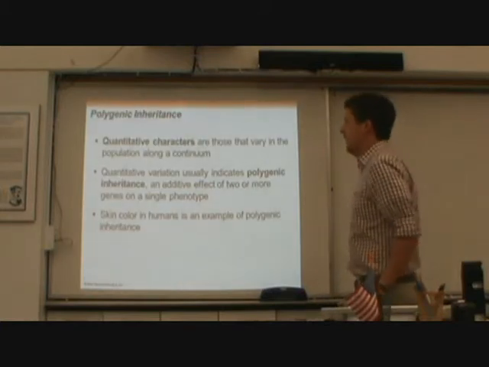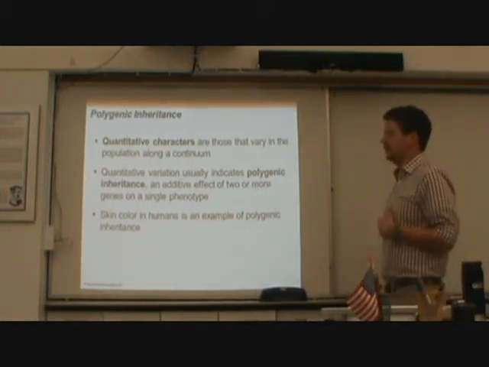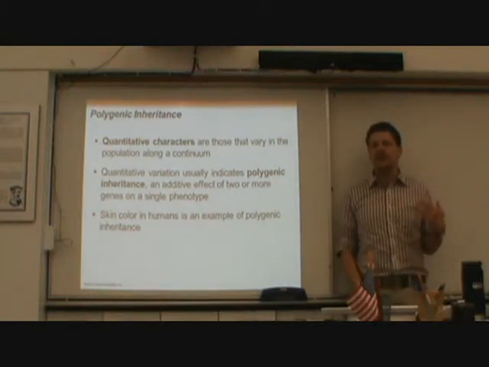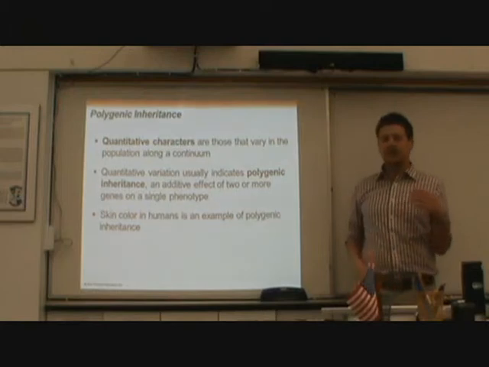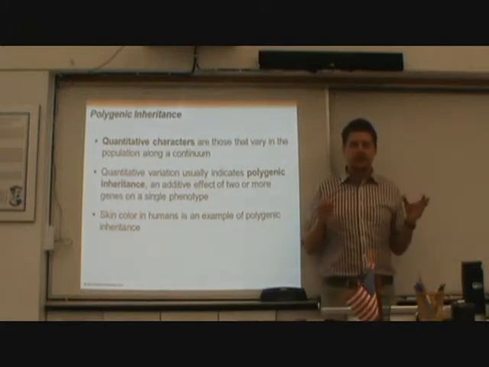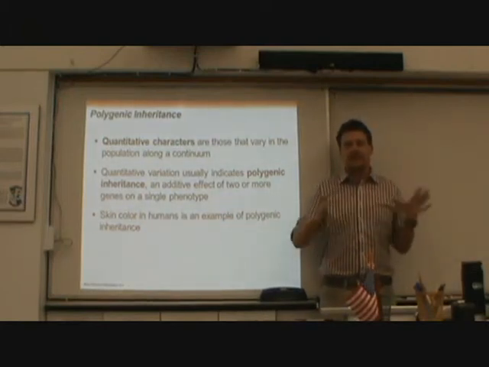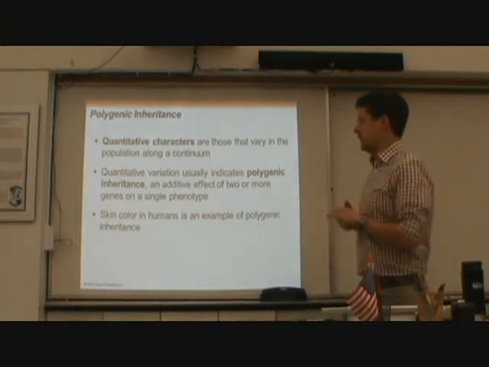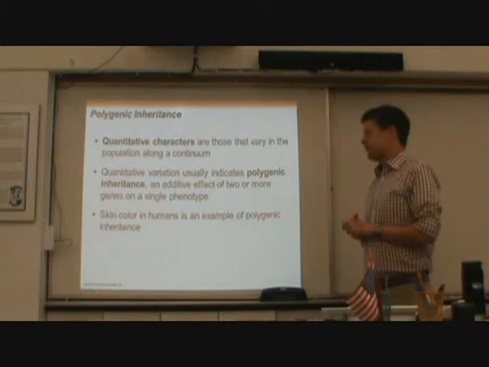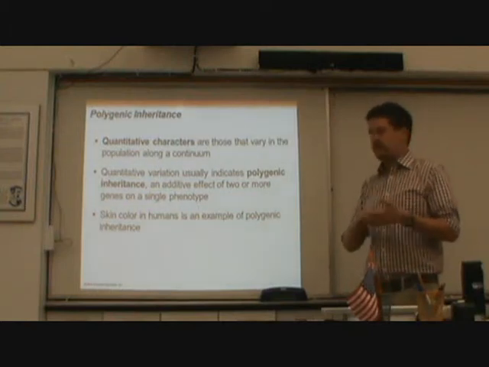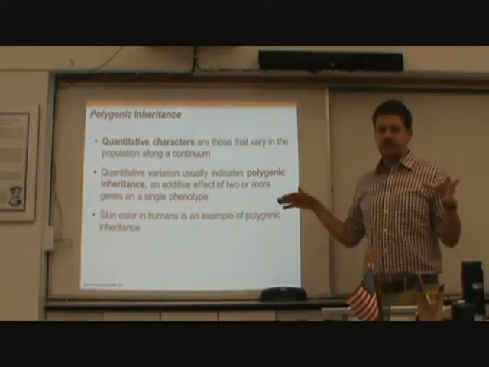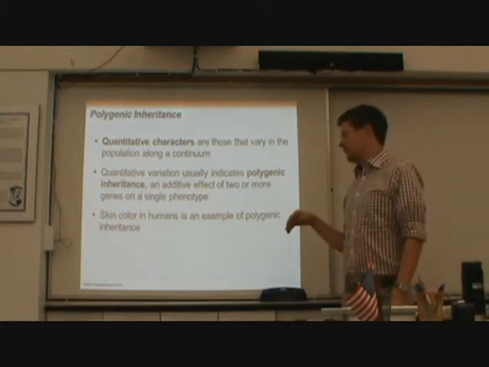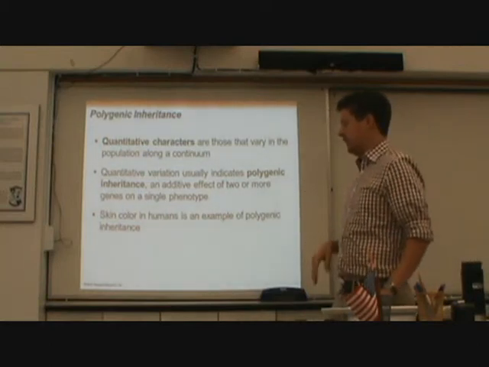Interesting stuff. Then there's polygenic inheritance. So there are what are called quantitative characters, and quantitative characters are characters where there's a kind of spectrum of different phenotypes. And usually when you see that kind of spectrum, that means that there's this polygenic inheritance where you have multiple genes working on a phenotype.